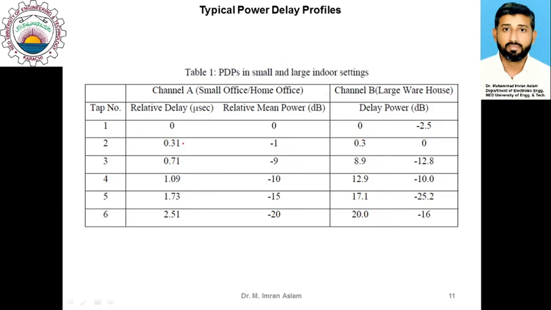You can see that as we increase the delay, the signals which are coming with the larger delay are associated with a smaller amount of power, which is quite logical, as we discussed before, because the longer propagation is associated with the typically larger environment. But there may be some differences. For example, you can see a difference here, that at 17.1 you see a significantly large power.